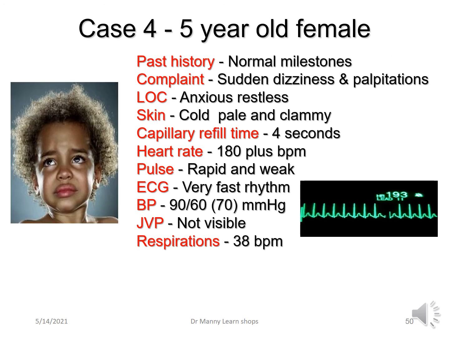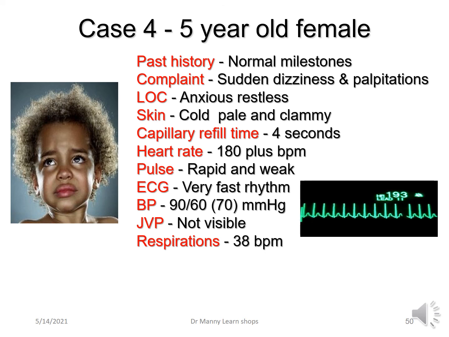Our final case is a kid. She's 5 years old. She's had normal milestones, but one day, today, she suddenly becomes really dizzy. She's feeling faint and she's complaining of feeling beating in her chest, palpitations. She's anxious and really restless. She's cold, pale and clammy. Her capillary refill time isn't too bad at 4 seconds. Her heart rate, however, is about 180 to 200 beats per minute. Her pulse is really rapid and weak.